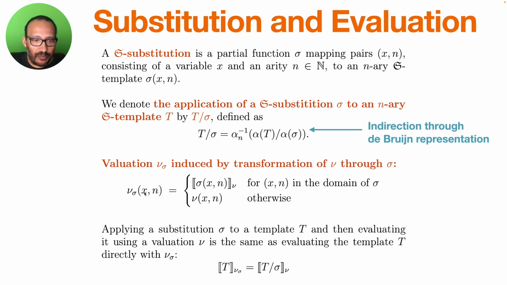For each variable arity pair xn, if xn is in the domain of the substitution, then we apply the substitution, and then we evaluate what we get with the original valuation. And otherwise, if it's not in the domain, then we just apply directly the valuation. And so we get a new valuation through this.